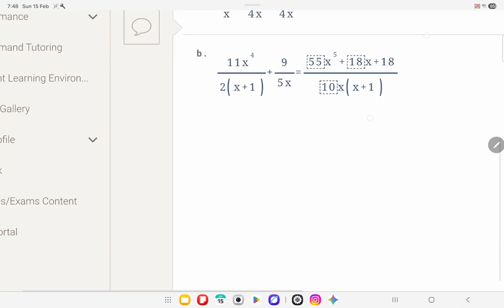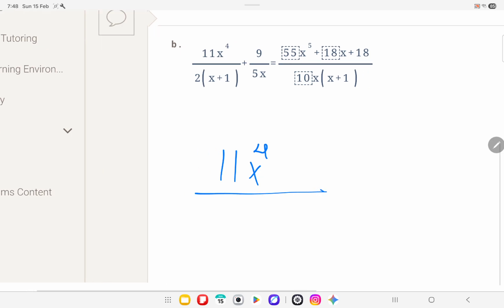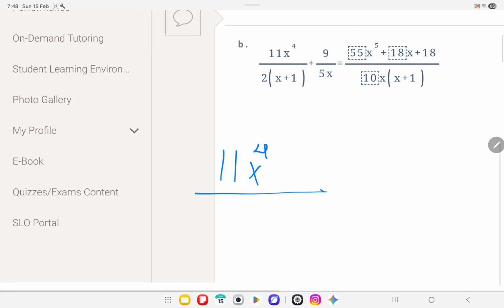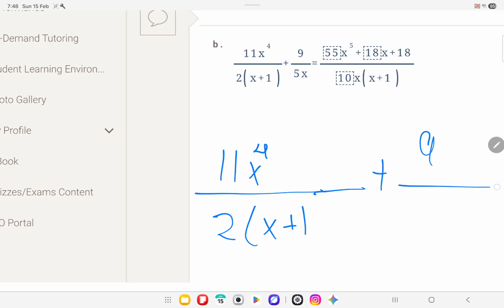Here we have to make it same denominator. So let's rewrite it: it'll be 11x to the power 4 over 2x plus 1 plus 9 over 5x.